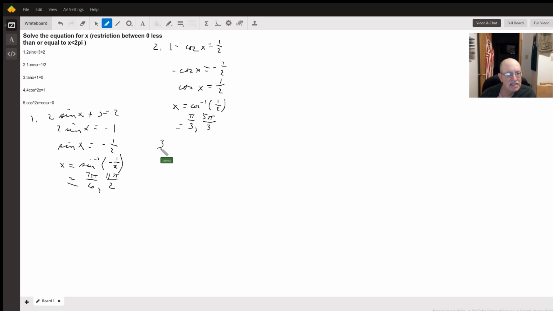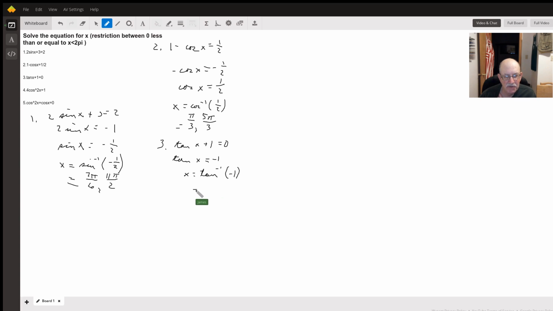All right. Number 3, tangent of x plus 1 equals 0. Here we want to subtract 1 from both sides. Tangent of x equals -1. So now we want to do the inverse tangent of -1.